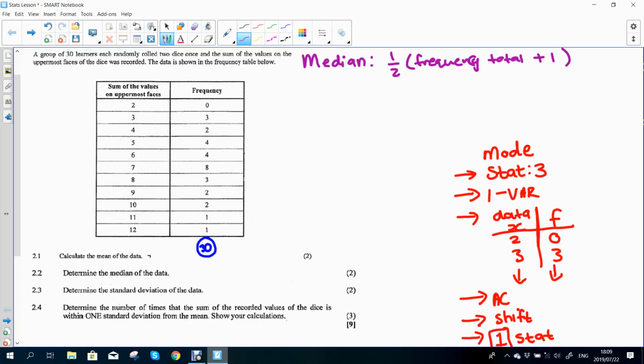So if you have ungrouped data, guys, you are always going to plus 1 to your total. That's just to make sure that you are basically in the middle, no matter what the total of your frequency table is. So if you go a half, that's 30 plus 1, okay, which gives you 31 divided by 2, which will give you 15,5.